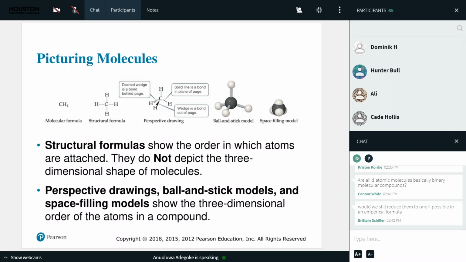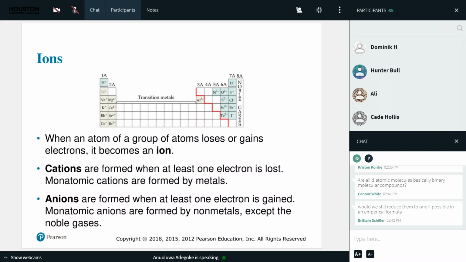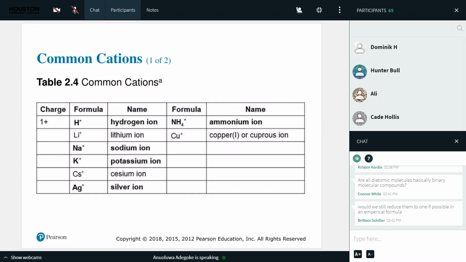We use different structures for representing them. And then we've talked about cations, so I just want us to get to these ions. All right, so these are the ions. The ions that are just one element are called monoatomic ions, and the ones that are a group of elements are called polyatomic ions.